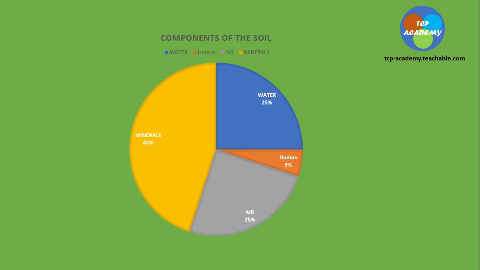Soil can be divided into four major components: minerals 45%, water 25%, humus 5%, and soil air another 25%. This is pretty much the composition of the soil, or as we call this chart, components.